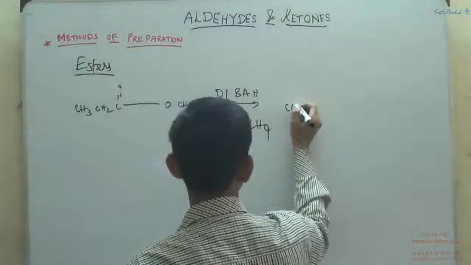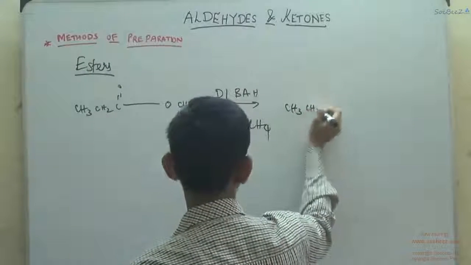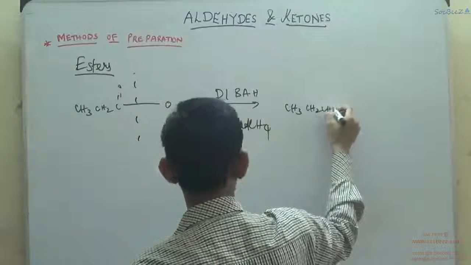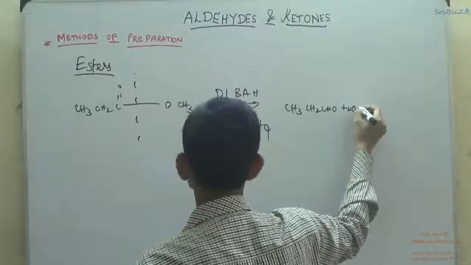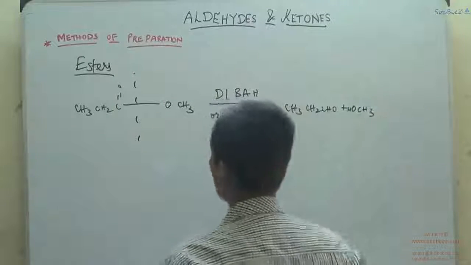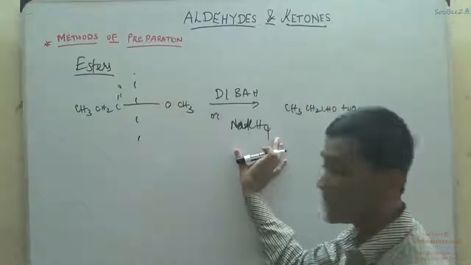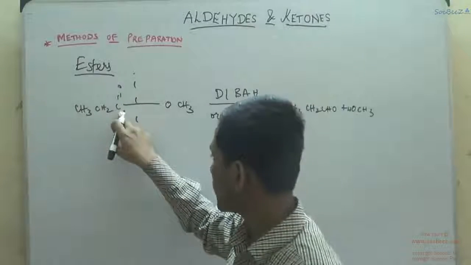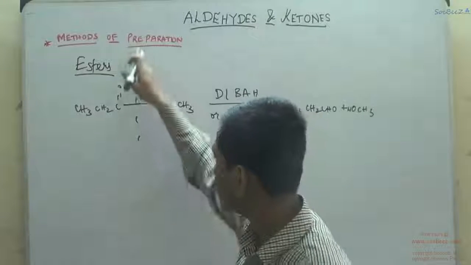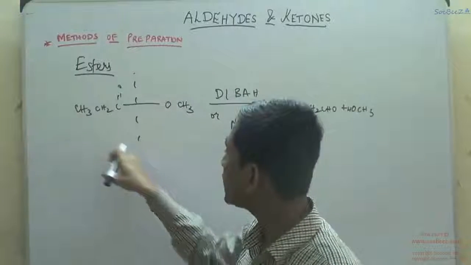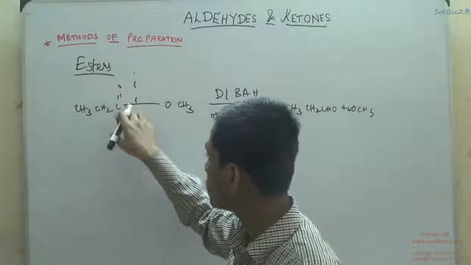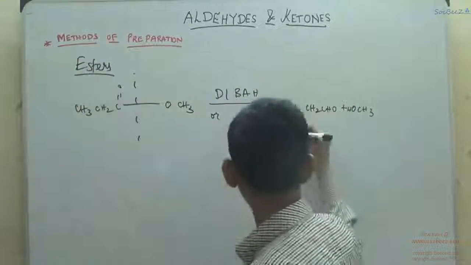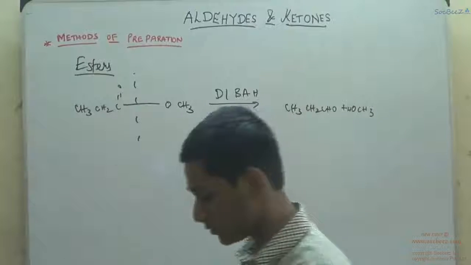You will get CH3CH2CHO plus OH CH3, it cleaves here. What happens? These are reducing agents. One hydrogen gets attached here, another gets attached there, cleavage across the ester linkage. So CH3CH2C double bond O, here you get an H, so this becomes an aldehyde and this becomes an alcohol. So your products will be aldehydes plus alcohols.